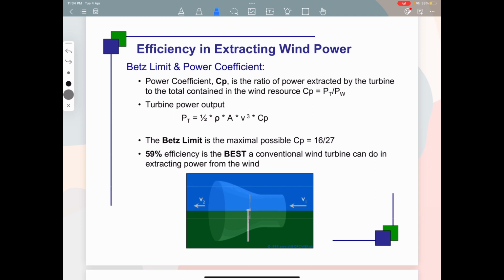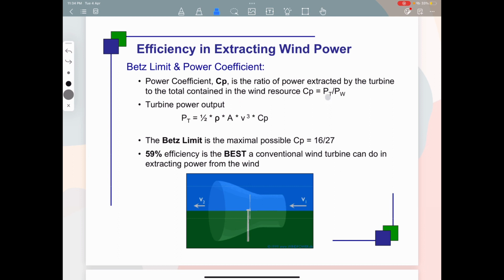Now I will talk about efficiency in extracting wind power, the Betz limit, and the power coefficient. Power coefficient Cp is the ratio of the power extracted by the turbine to the total power contained in the wind resource, which is Cp equals Pt divided by Pw.